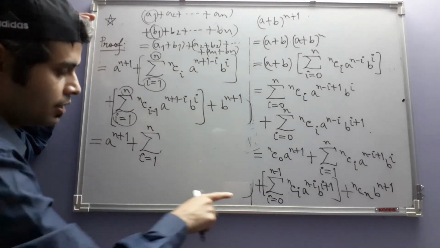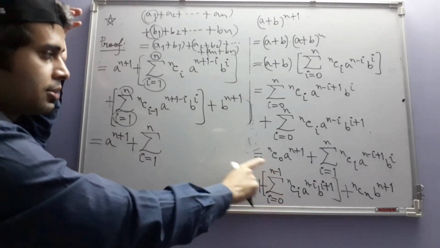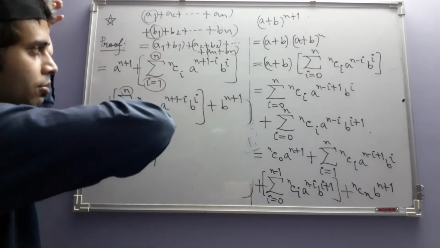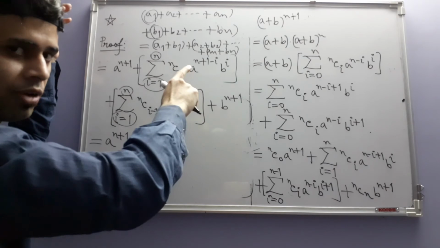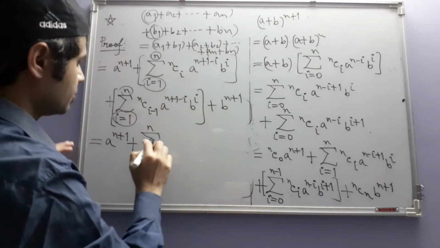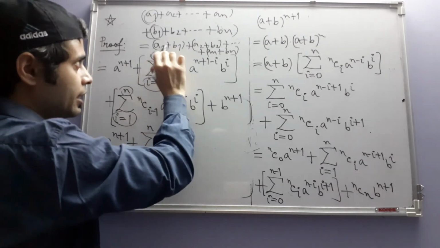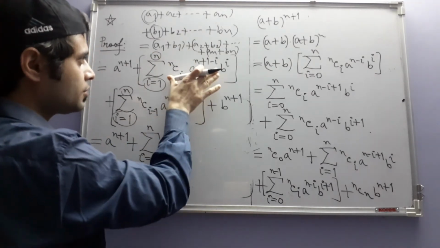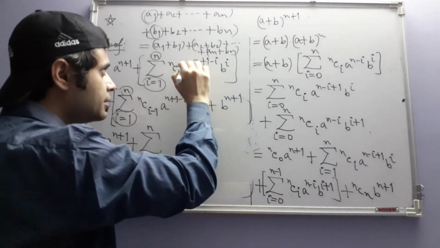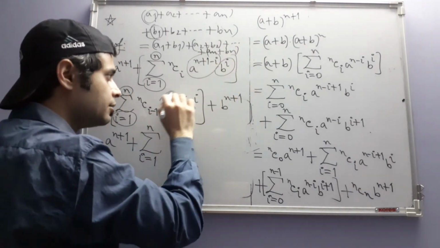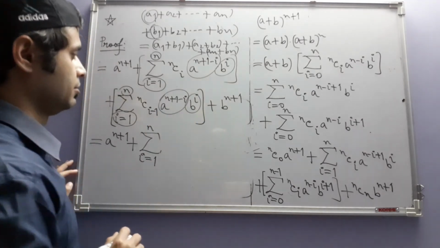See, this is the reason why we changed the index here, so that we can see that these two sums are varying over the same values of the indices. This plus this, just like ai plus bi. But you can see here that a to the power n plus 1 minus I, b to the power I, we have the same things here.